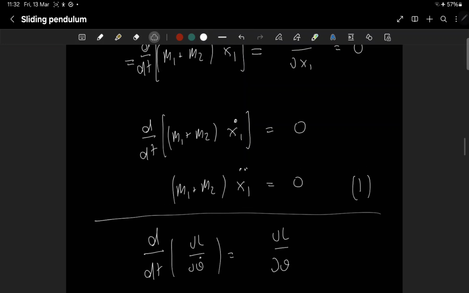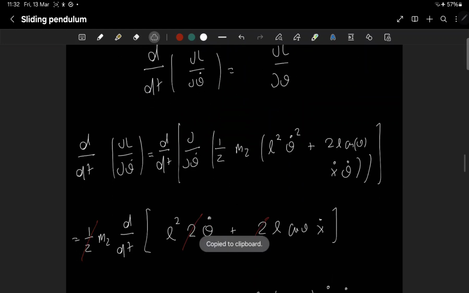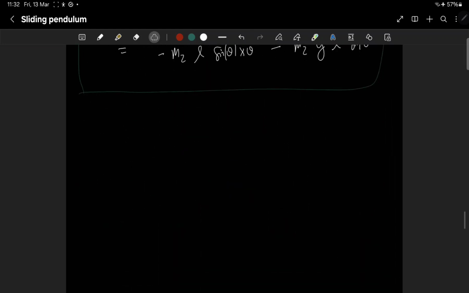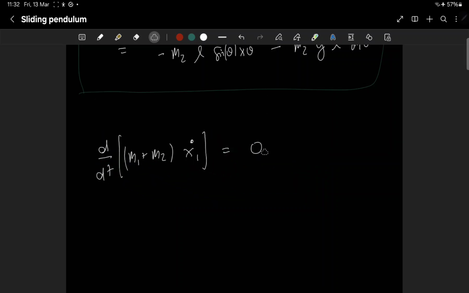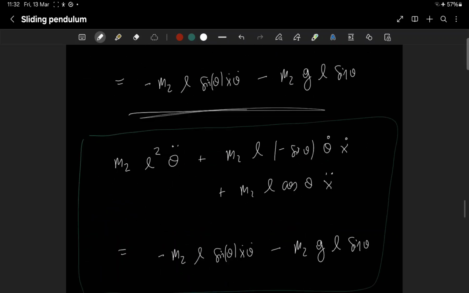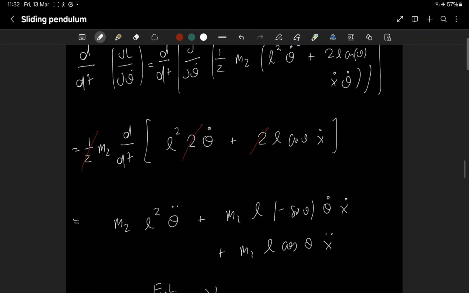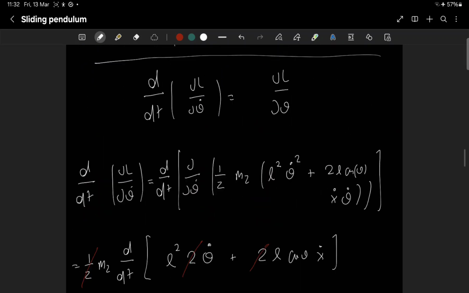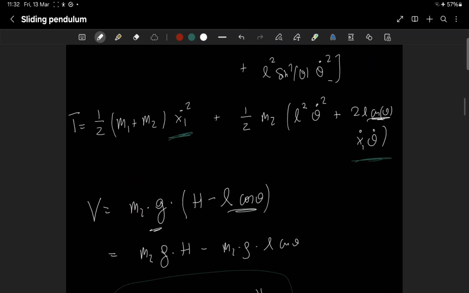this equation over here, and add the second x dot dependence, the derivative with respect to x dot. We already differentiated with respect to x dot. So the second dependence comes from the kinetic energy over here. So we get 1/2.